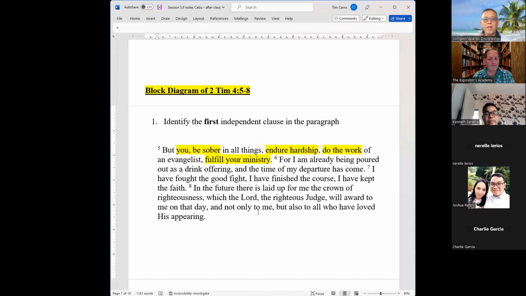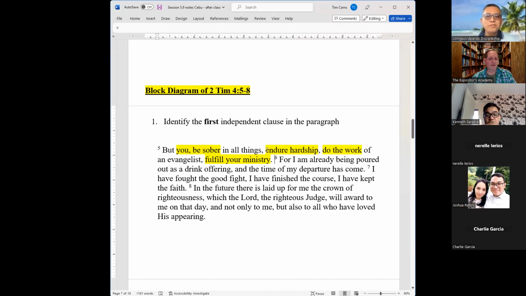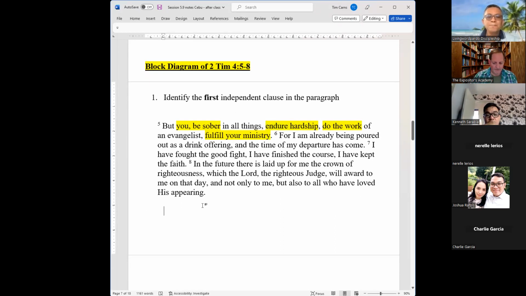So if you see other clauses that you know are independent, you can obviously include those, but sometimes it's harder to tell what's independent and what is not. So I say just look for the first one, but if you do see any additional ones, go for it. And here it looks pretty straightforward. There's a list of 4 commands that Paul's giving here. Okay. All right. Very good.